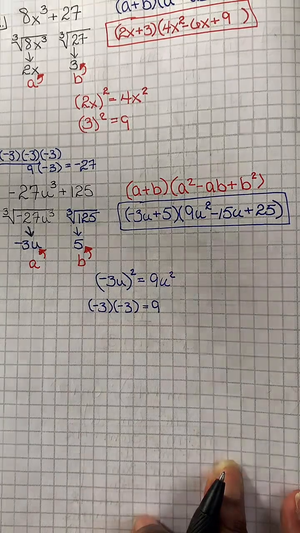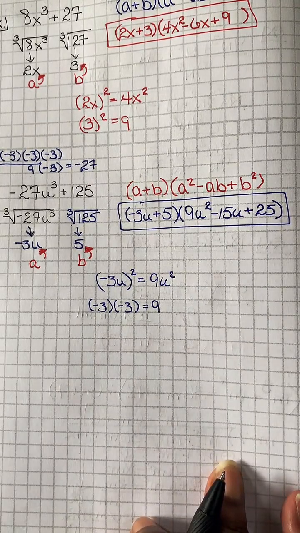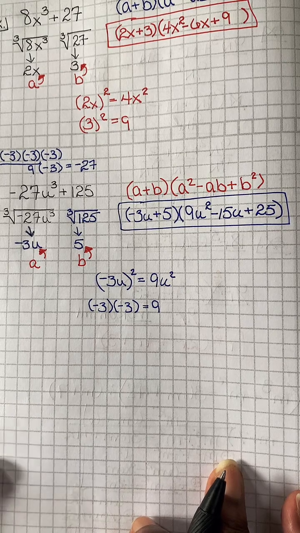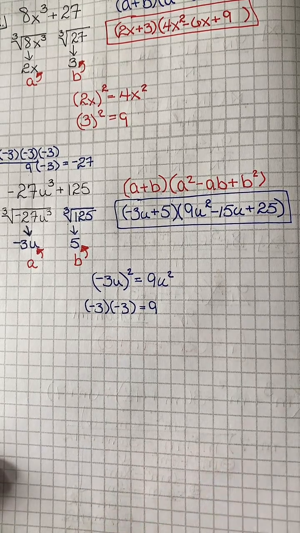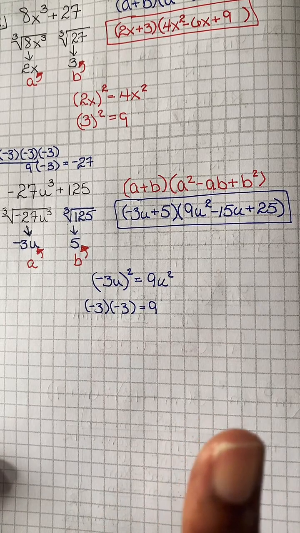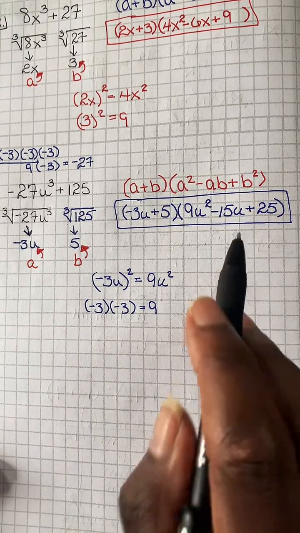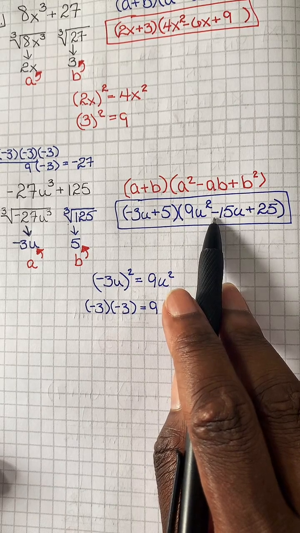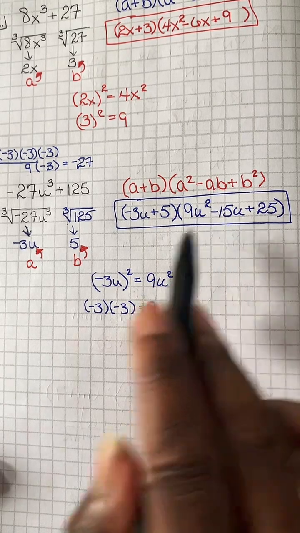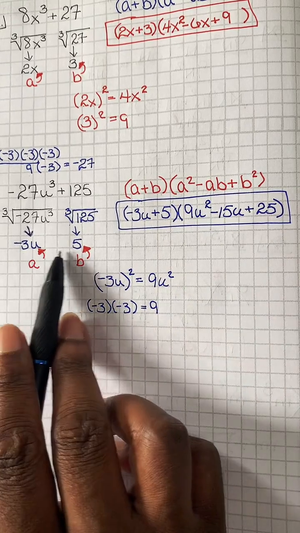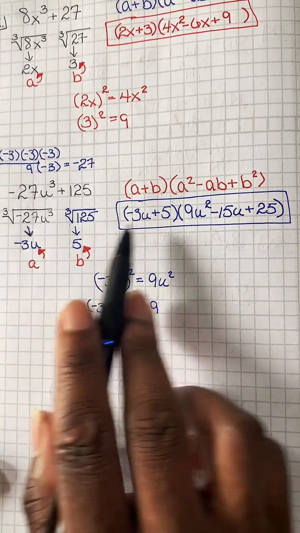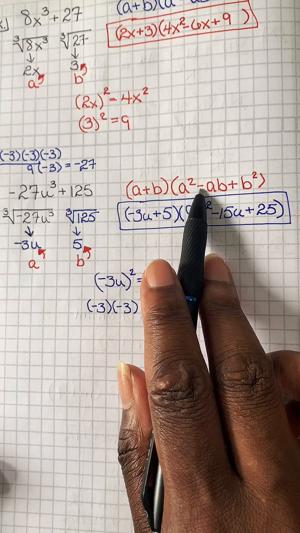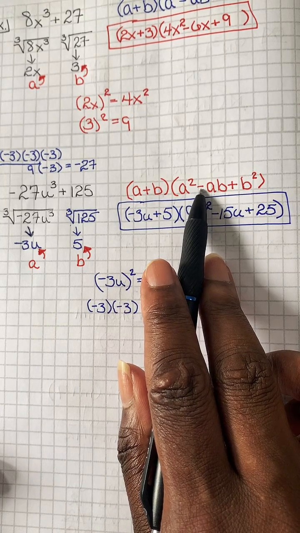Oh, wait, hold on. One moment. Just had a brain fart. This should be positive. You guys were right. I lied. Because when I multiply the a and the b, I got negative 15u. But it's going in when the formula is already negative.